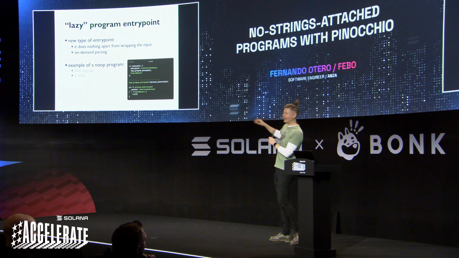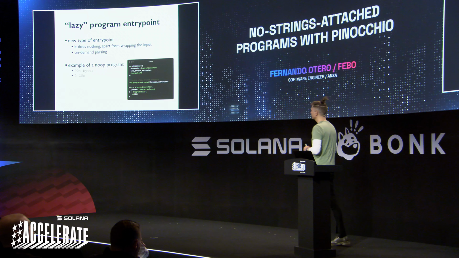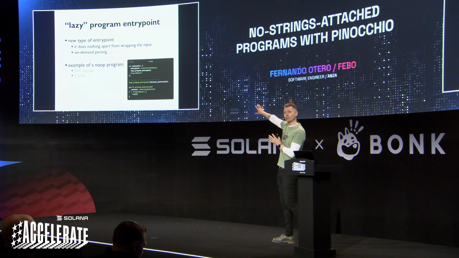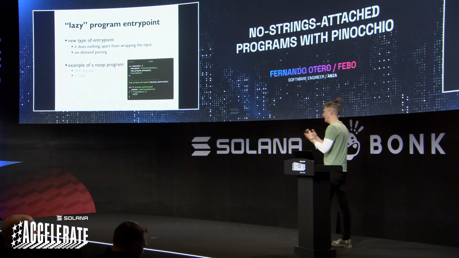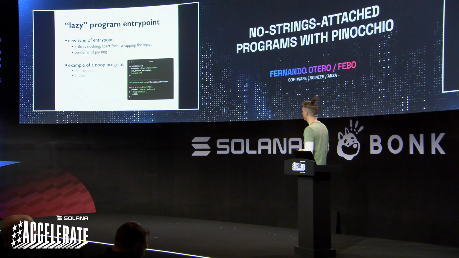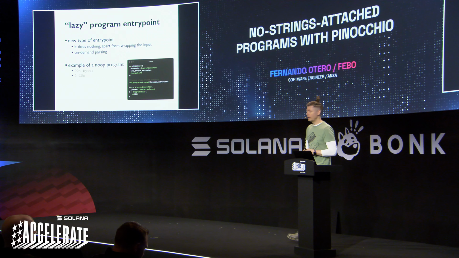Here I give you a little piece of code. That's the only piece of code that I have in the presentation, a fully functional program. If you take this one, it compiles and it runs, and it essentially has an empty processor. This is exactly how the no-op program is implemented. But this one takes only 2 CUs and is about 900 bytes in size.